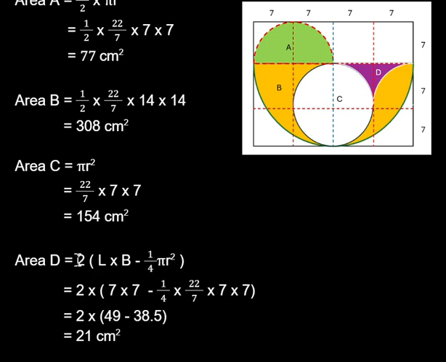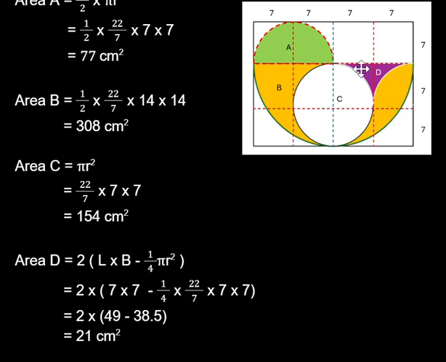So I take the square, which is length times breadth, in this case 7 times 7, minus the quarter circle, which is a quarter of pi r squared. Same thing, the r is 7. So 7 times 7 is 49. The quarter circle happens to be 38.5. Remember, it's two sets, so you take 49 minus 38.5, multiply by 2, you will get 21.